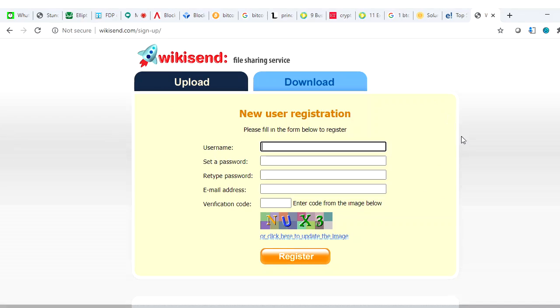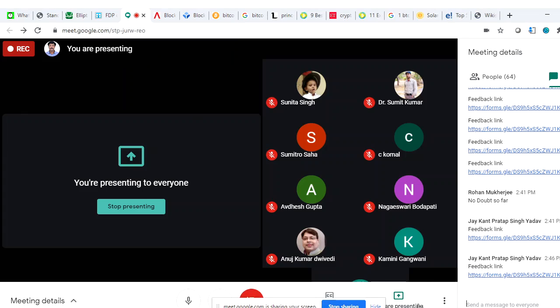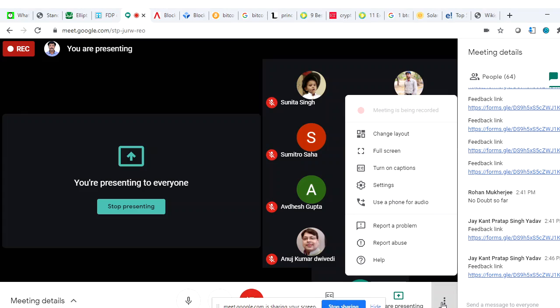This Wikisend is a very fast thing. Otherwise, is there any facility here to send the file? I hope in Google Meet there is no facility to send the file.